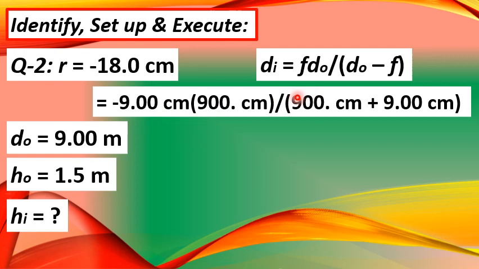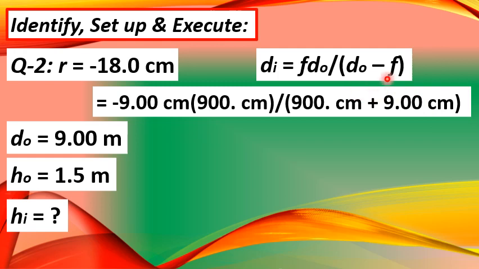So this will be divided by the object distance, 900. centimeters, minus negative 9.00 centimeters.